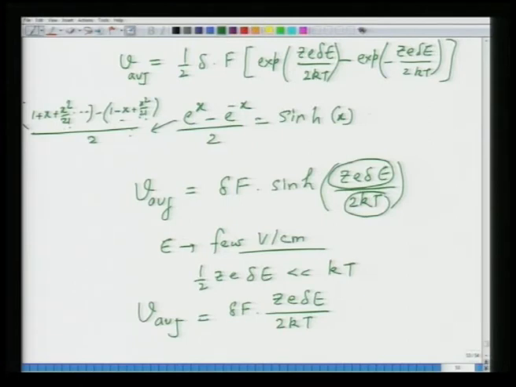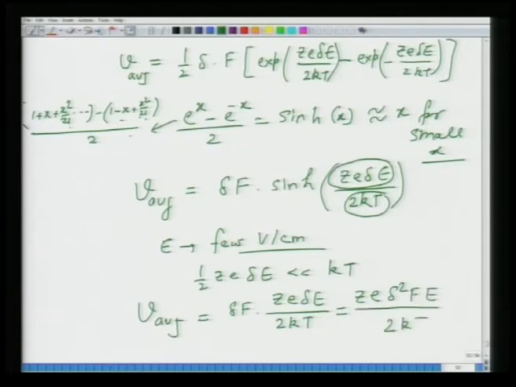So, sine hyperbolic x is equal to x for small x. So, V average has become delta F multiplied by Z E delta E divided by 2 KT, and this is nothing but Z E delta square F E divided by 2 KT.